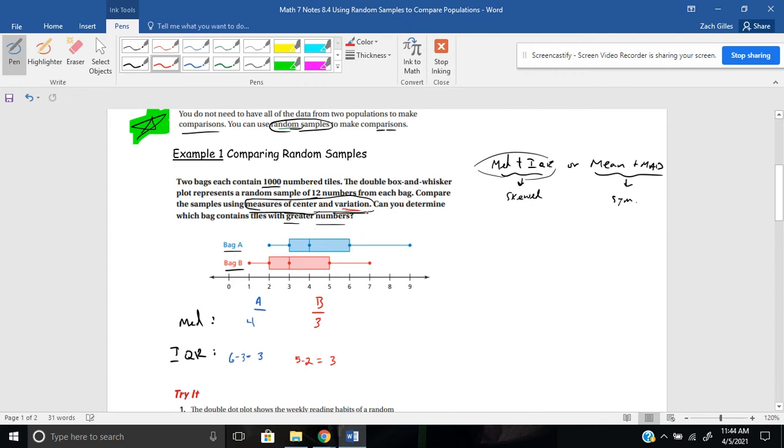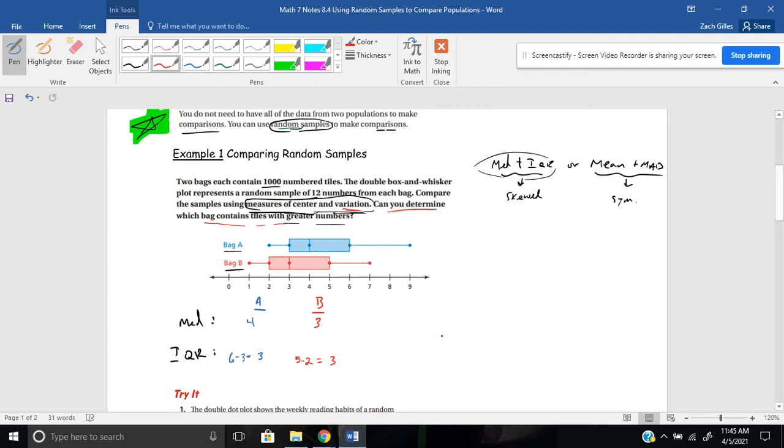So our variation is the same for both of the bags. And the median for bag A is 4 versus 3 for bag B. So with the little data that we have, it looks at a glance like bag A has the bigger median, but do you think that we can determine which bag contains tiles with greater numbers? That's the question.